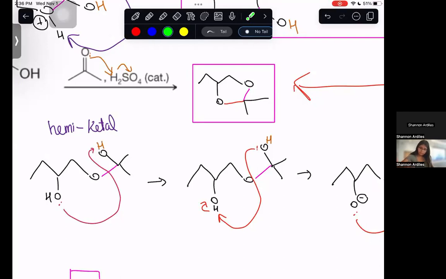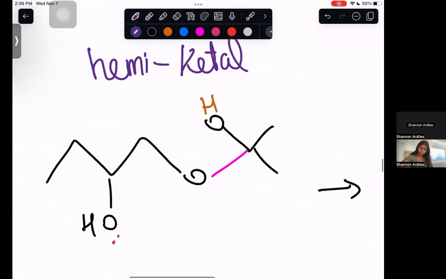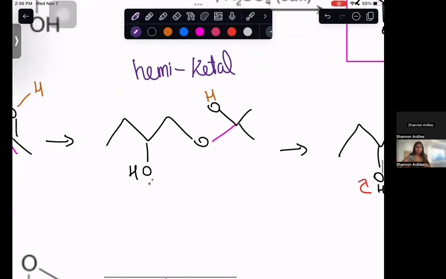That's on me. Okay, so at this point, don't look at the other stuff. Just focus on this portion. We want to make this guy into our leaving group. Why? Because remember, to get the ketal form, my 2 arms in here have to be symmetrical to each other. I need 2 OR groups, so I need to get rid of that OH.